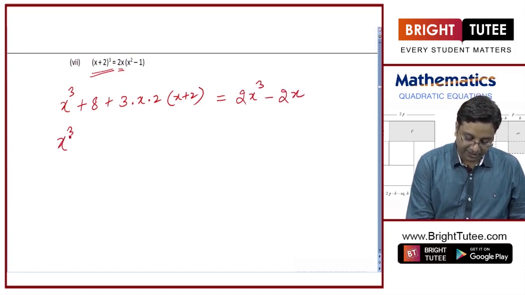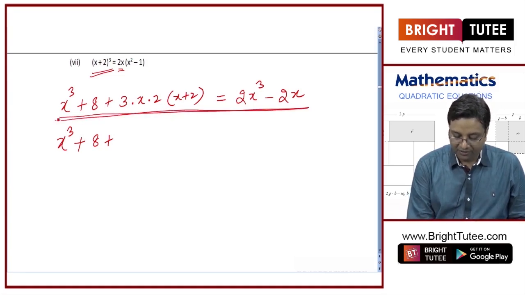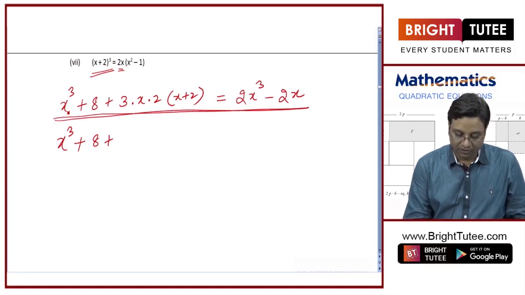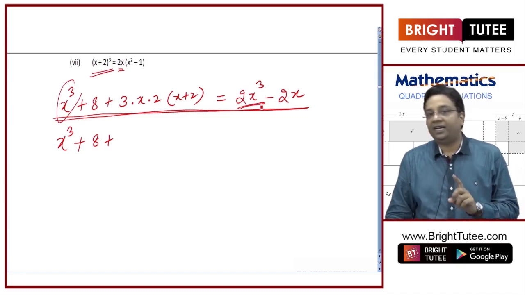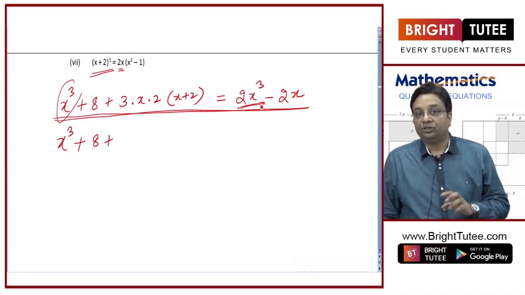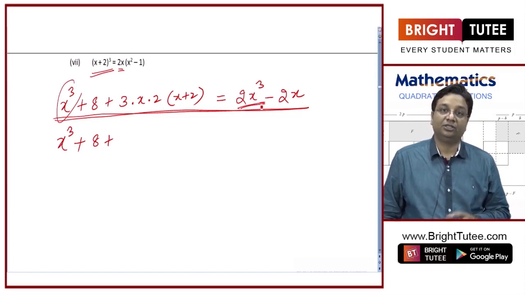So my left hand side is x cubed plus 8 plus. Although I don't have to solve it further, because when I solve this equation, I will be left with 1x cube. When I subtract this x cube from this one, I will be left with an x cube term, right? So the highest power of x is 3 in this. So this is a cubic equation and not a quadratic equation.